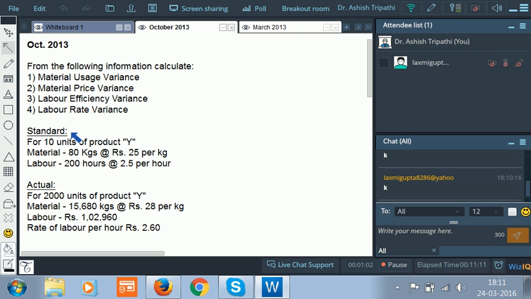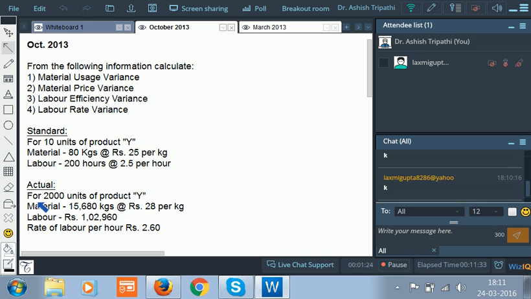The information given to us is standard for 10 units of product Y: materials 80 kgs at the rate of rupees 25 per kg, labor 200 hours at 2.5 per hour.